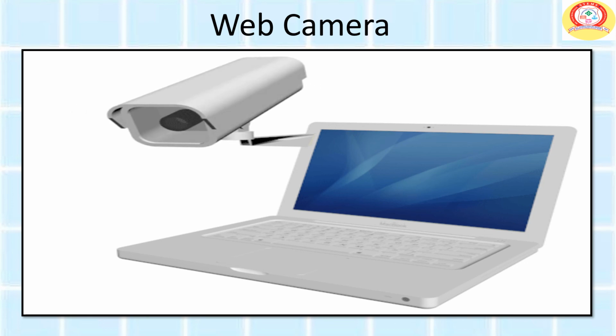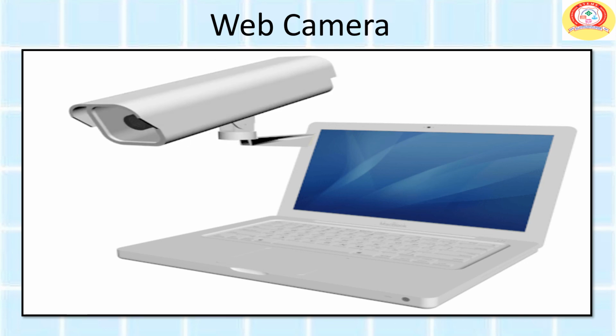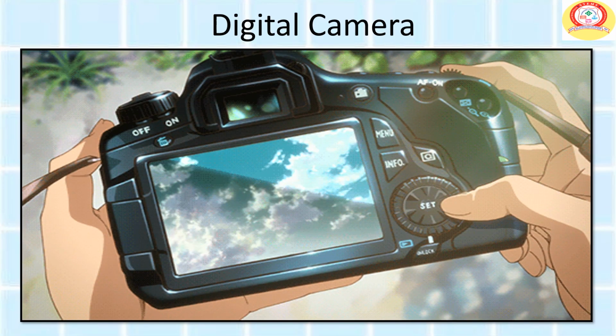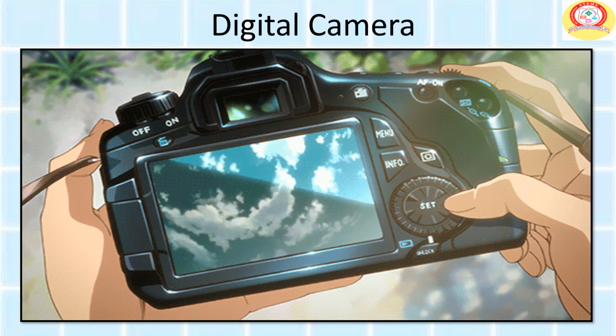Now children, let's move to digital camera. Children, this is a digital camera. A person is using a digital camera. A digital camera or a digicam is a camera that takes still photographs in digital form, and many nowadays also take video with sound.